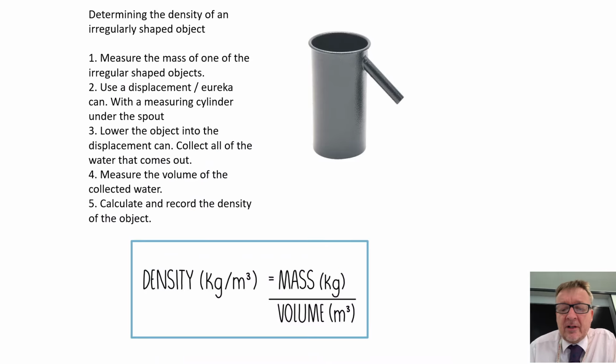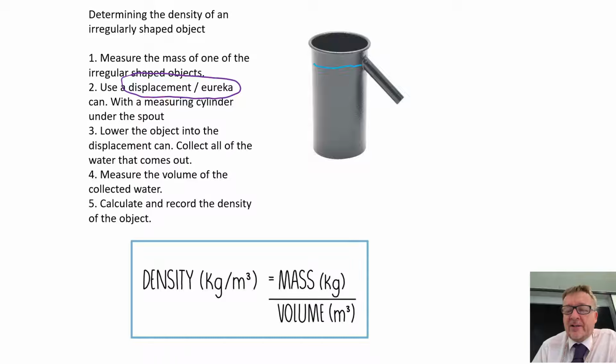The third one, I think it's probably the most interesting, is an irregular shaped object. It could be anything, a pen, a pen lid, something that is a little bit harder to measure. So you use this object here, which is called a displacement can, or your Eureka can. Literally what you do is you fill it with water up to the spout.